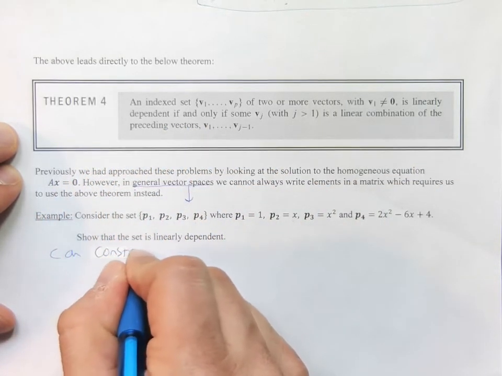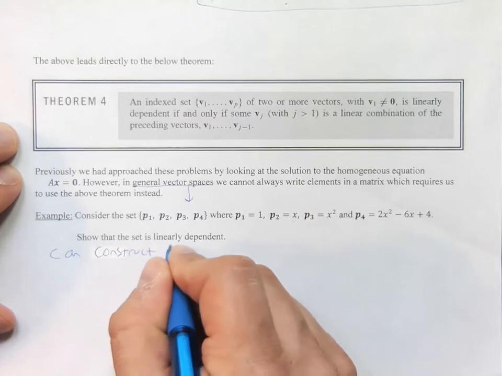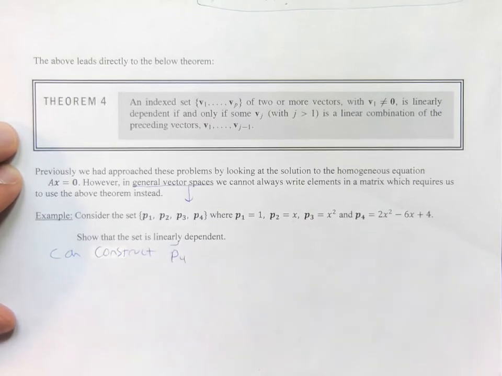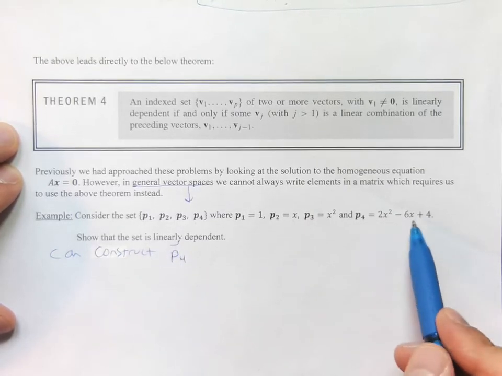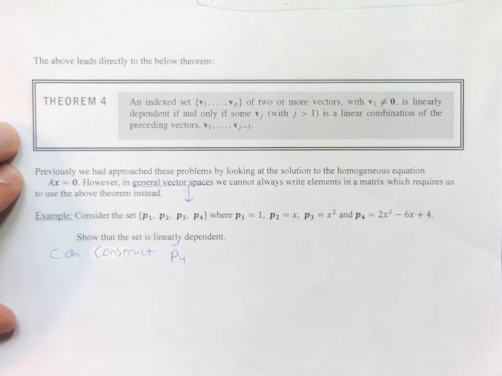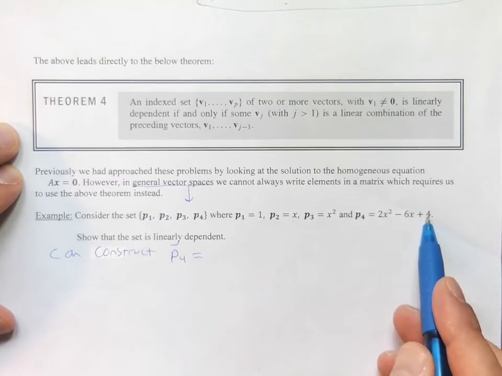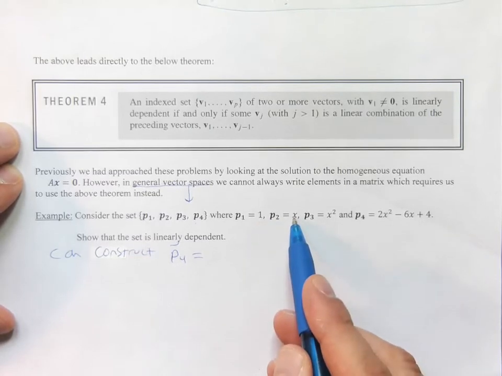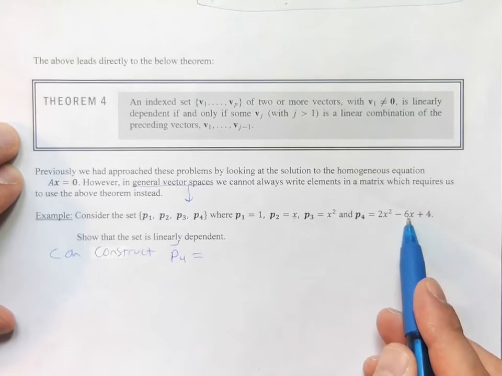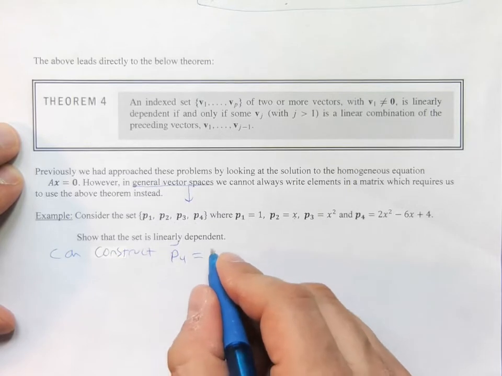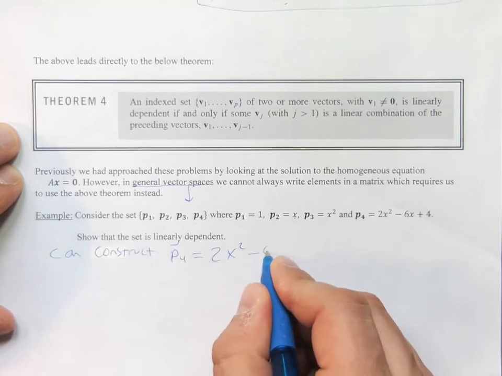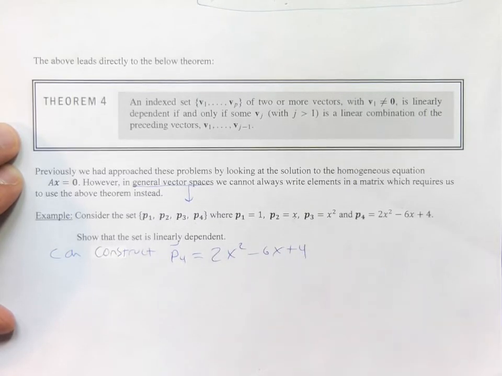We can construct p4 using the ones before it. So we can construct p4 using linear combinations of p1, p2, and p3, right? Because p1 is just a constant, so if we multiply this by 4, we get the constant in p4, right? We have x with p2, so we multiply this one by -6, and we get the -6x here. And so for p4, which is 2x squared minus 6x plus 4, we can use p1, p2, and p3 to get these, right?